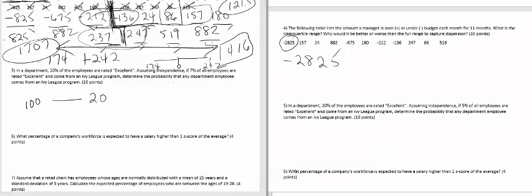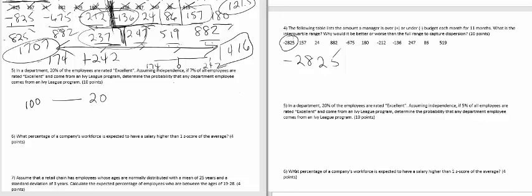Assuming independence, that is, that being excellent and being from an Ivy League program are not related. Obviously, Ivy League programs would argue with that.